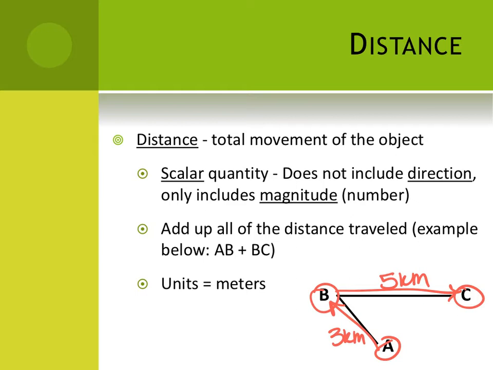So we would just add them up, 3 plus 5, that would give you 8 kilometers traveled. Okay? Units, meters could also be kilometers, centimeters, inches, miles. Those are all units for distance. Okay? Most of the time we will be using meters or kilometers.